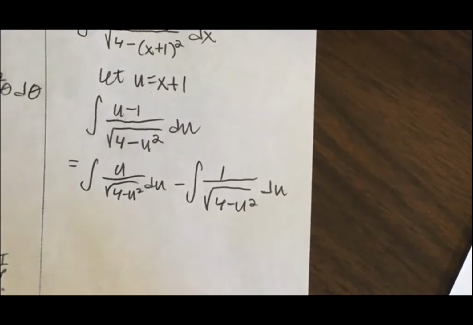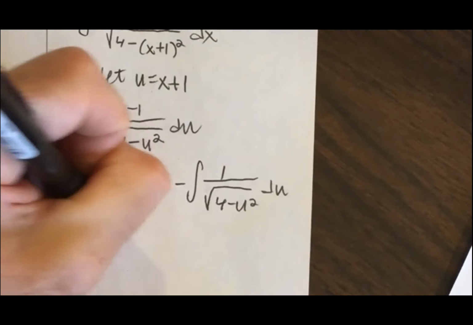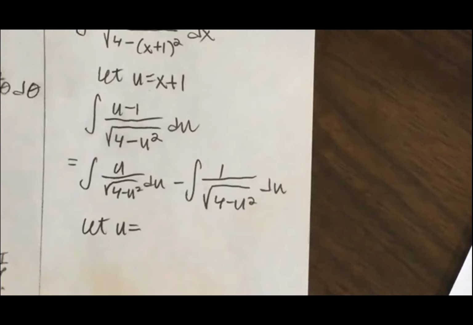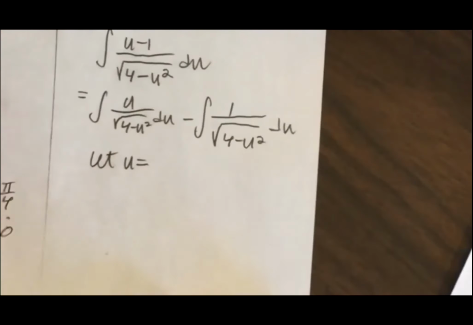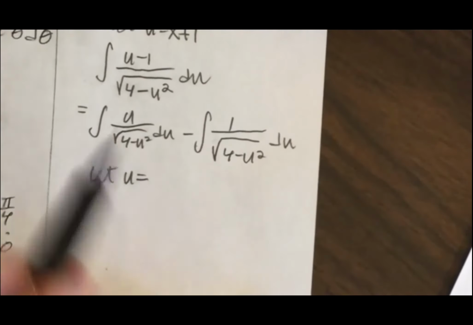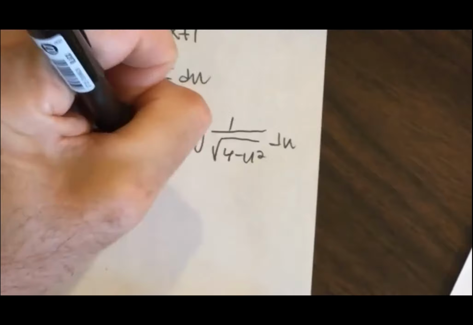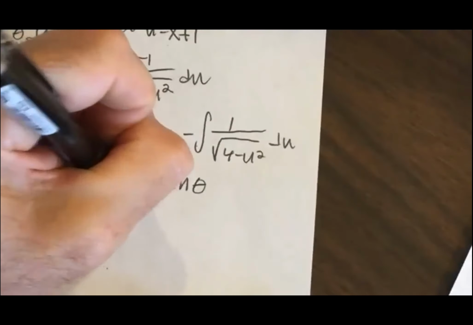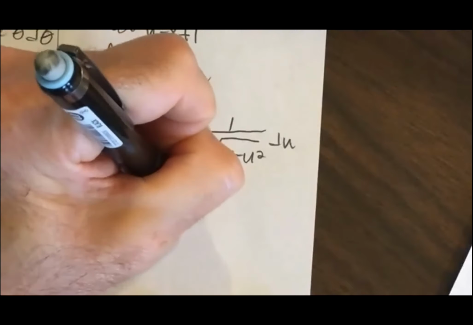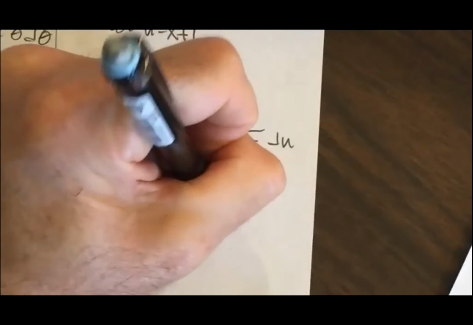What do we want to substitute? Let u be what? 2 sine theta. Yeah, right. I'm getting 2 sine theta. du then is 2 cosine theta d theta.